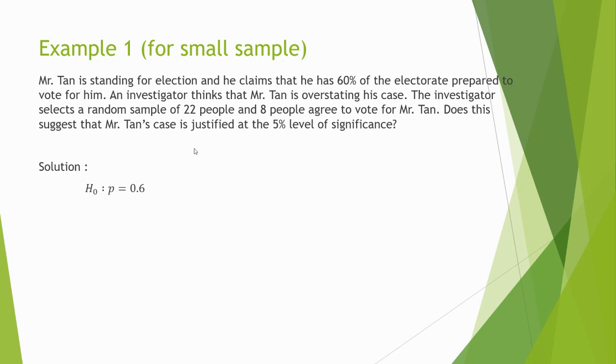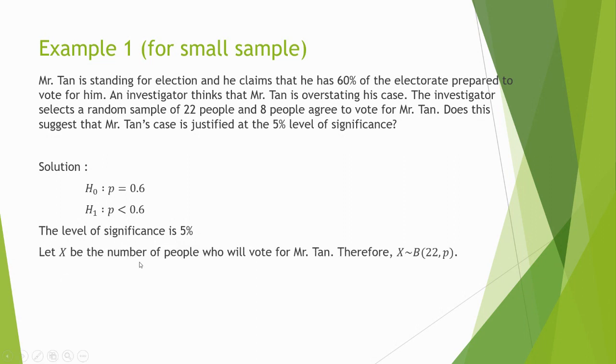So, he claims that he has 60%, and then our H1 is p less than 0.6. The level of significance is 5%. Since it is less than, we will look at a one-tail test on the left-hand side only.